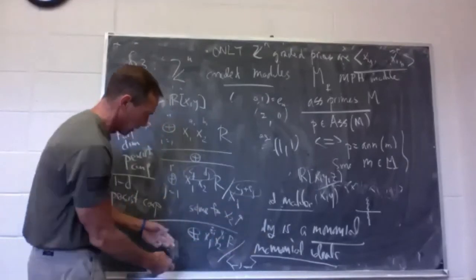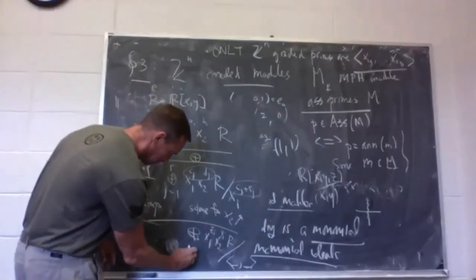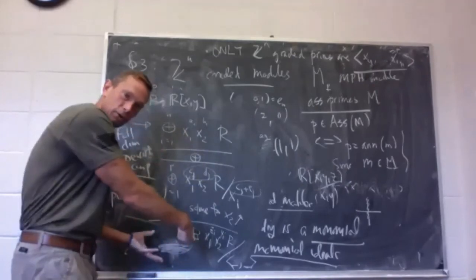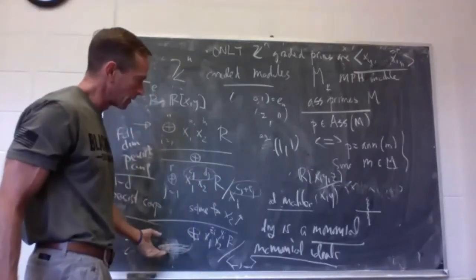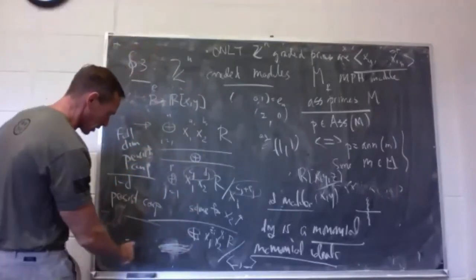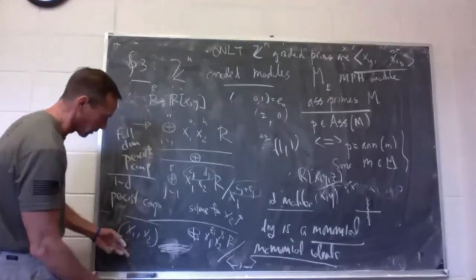It's born in a certain degree, but then it dies. Maybe it's fatter in one direction and skinny in another, but it really is concentrated at the origin. When you look at the associated primes, the associated prime for this is just going to be (x1, x2), because it only lives at the origin.